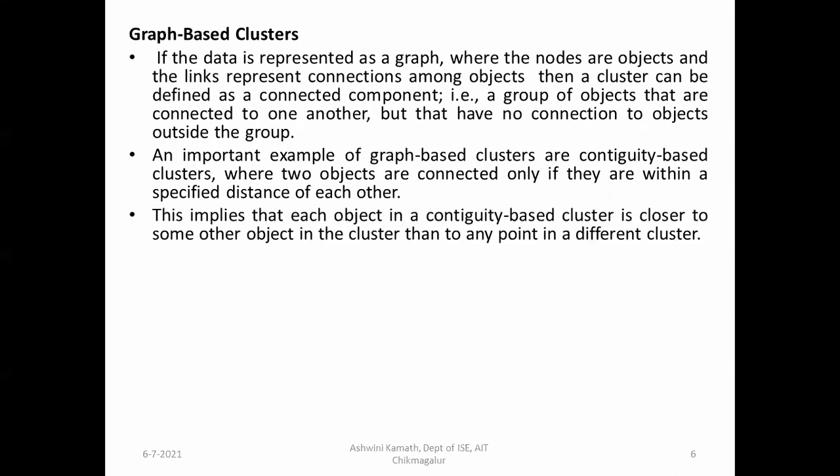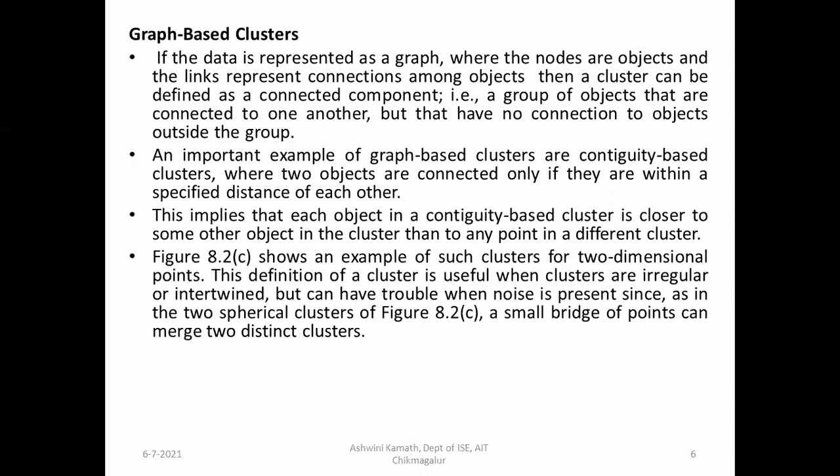This implies that each object in a contiguity-based cluster is closer to some other object in the cluster than to any point in a different cluster. This statement will be the same for all types of cluster: the distance between any two points in the same cluster will be lesser than the distance between 2 points in different clusters.